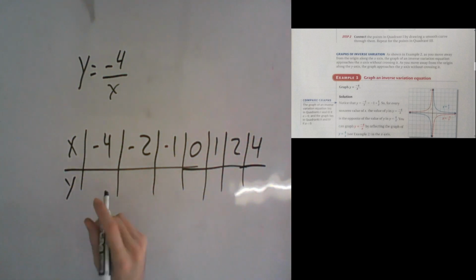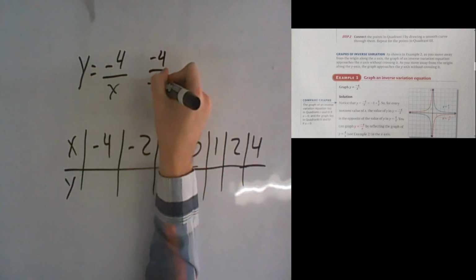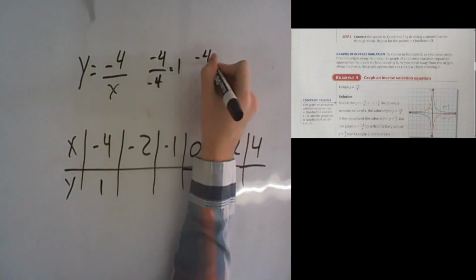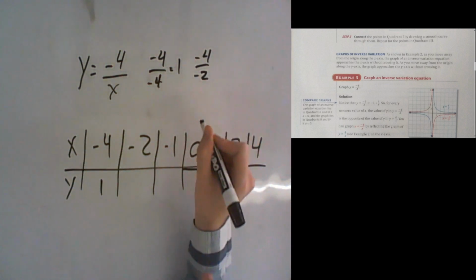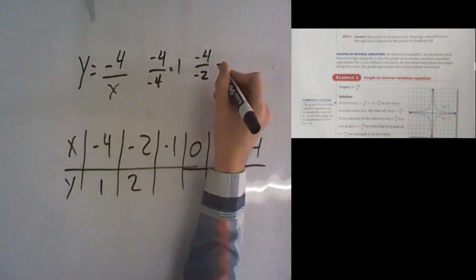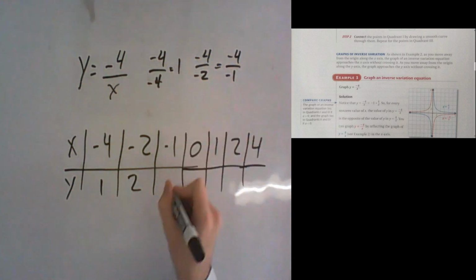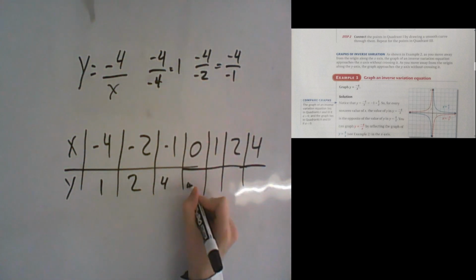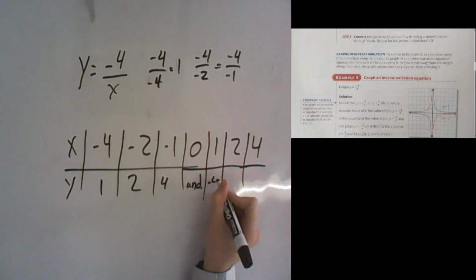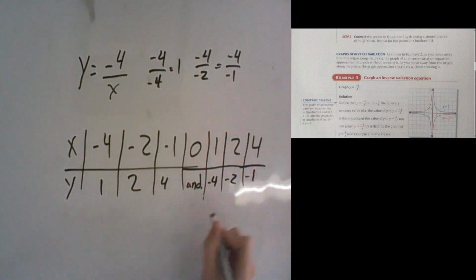So plug in -4, we get -4 over -4, which gives us 1. I'm just showing the work so that you see. Divide by -2, we get 2. Divide by -1, and we get 4. This is still undefined. Divide by 1, we get -4. Divide by 2, we get -2. Divide by 4, we get -1.